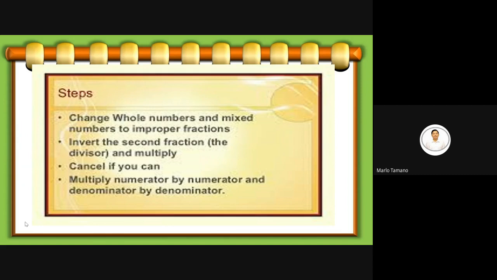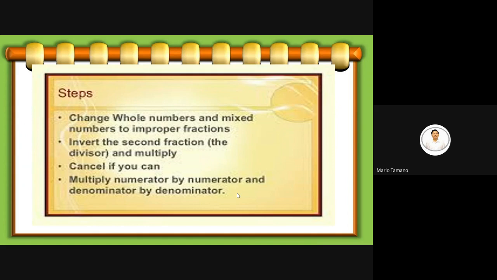Okay? So, invert the second fraction. Paano po i-invert? Yun po yung flip. Then, cancel if you can. Kung kaya nyo po at alam niyo yung ruling about the cancellation, tutulungan po kayo ng cancellation process na mapabilis po ang inyong gagawin. And lastly, multiply numerator by numerator, and of course, denominator by denominator.